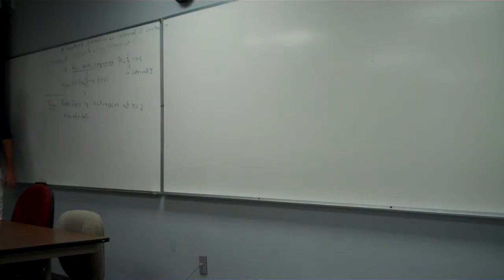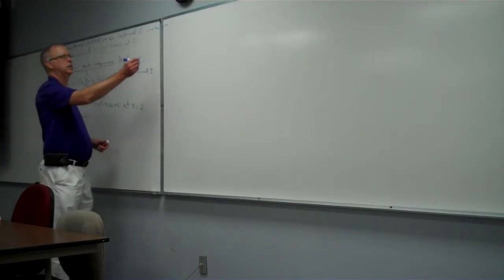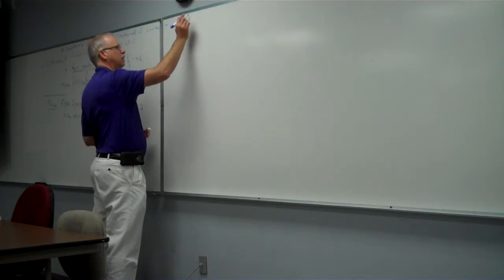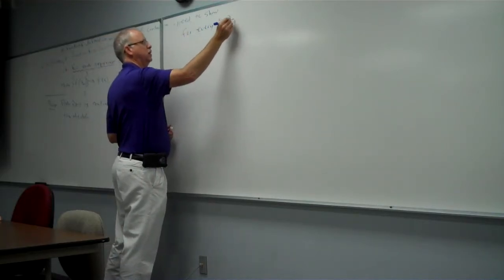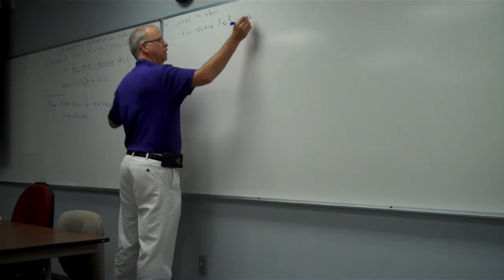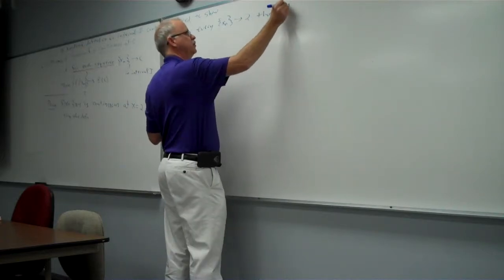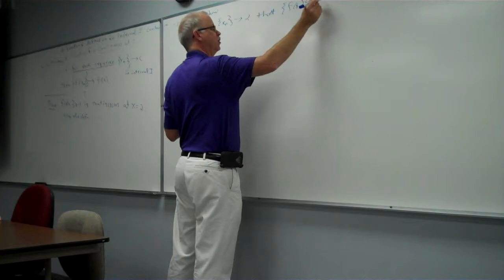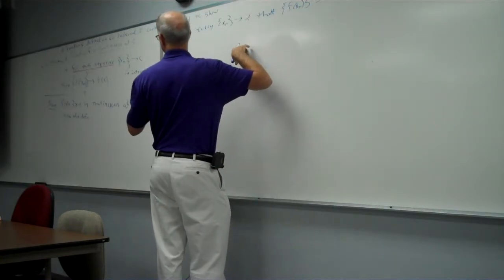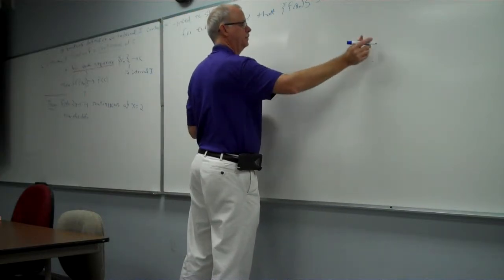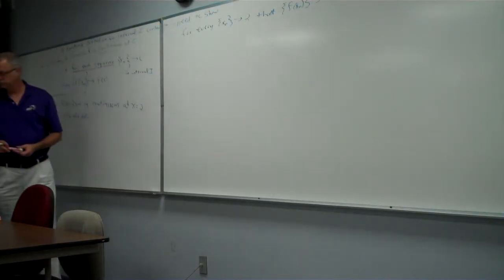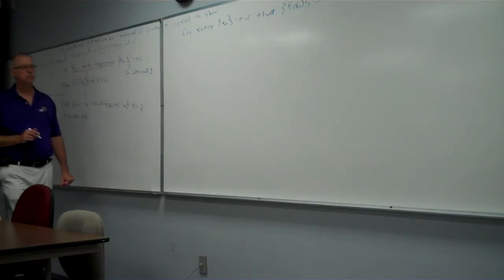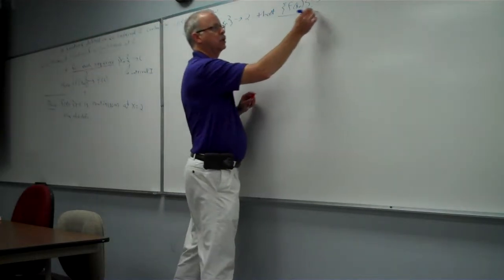What do I actually have to do in this case? If I'm going to prove this is continuous at 2 using this definition, what I need to show is that for every sequence that converges to 2, the sequence f of x sub n converges to f of 2, which in this case is 5. So this is what we're ultimately going to have to prove.